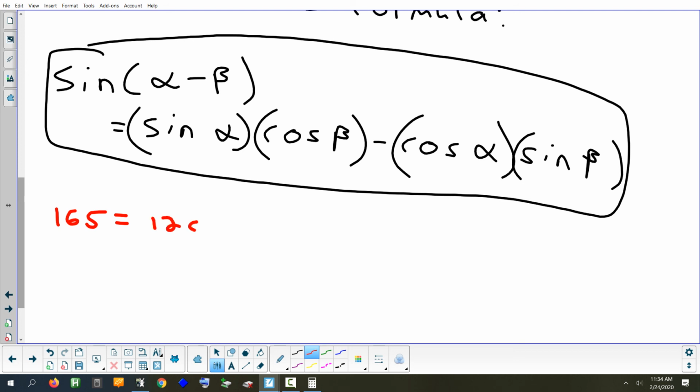Yep, there you go. So that's one way that you could do it as a sum. 120 plus 45. Anybody think how you could do it as a difference? And I don't mean 120 minus 45.